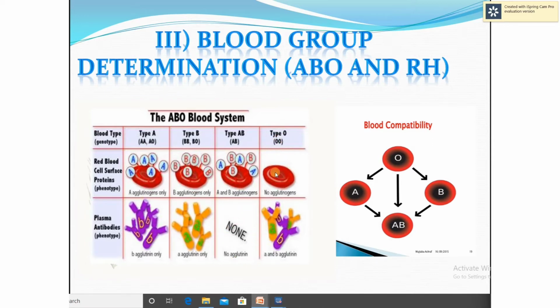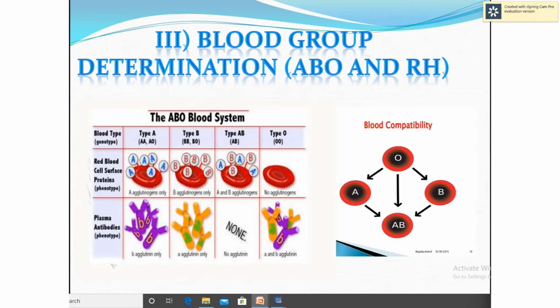If you are a type O person, your RBCs would not have any antigen on the surface, and the antibodies present in your plasma will be both A and B types. So if you are type O and you get a blood transfusion from A, B or AB, there will be agglutination in your body. So, if you are type O, you can only take blood from type O.